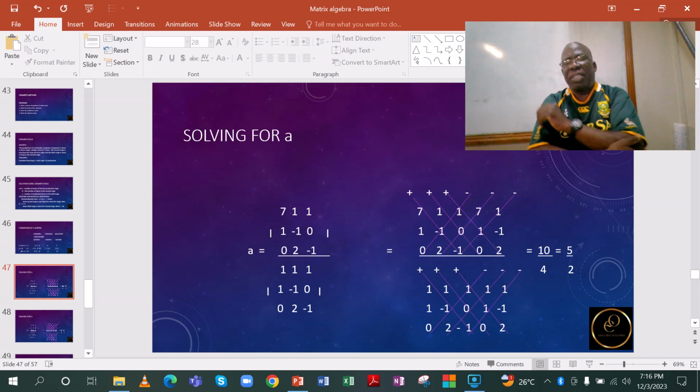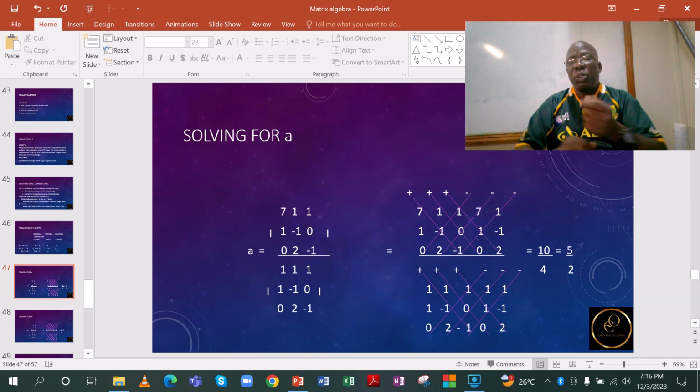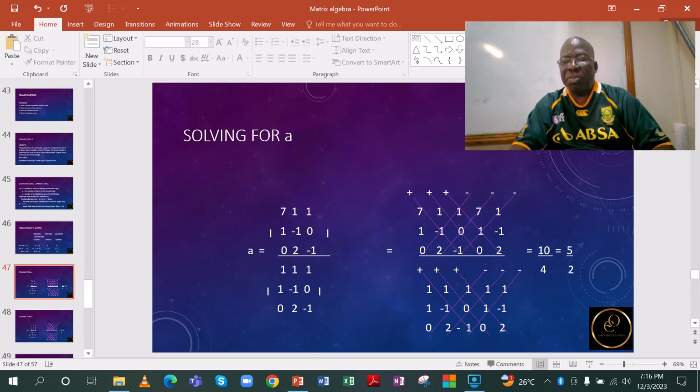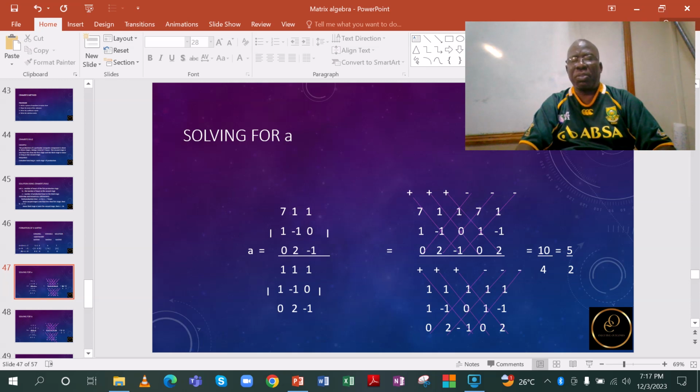Once you have done that, you draw lines along the diagonals. Starting from the end here, you draw a line through 7, -1, and -1. The next one is a line through 1, 0, and 0. Another line goes through 1, 1, 2. These you assign the positive sign.